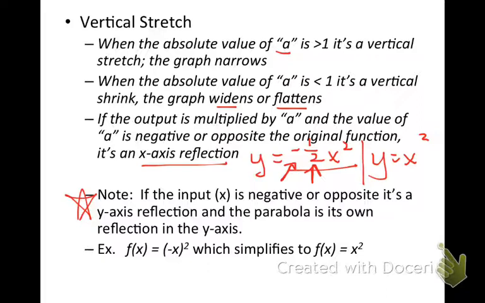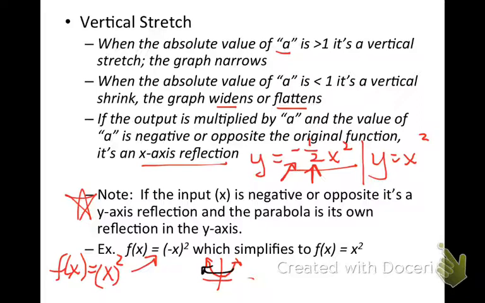Here's an example. If you have just the parent function, f of x equals x squared, and then you put that negative 1 inside the parentheses, what will happen is that you'll have a parabola, and yes, your x values that were positive are now negative, and the negative ones are now positive.